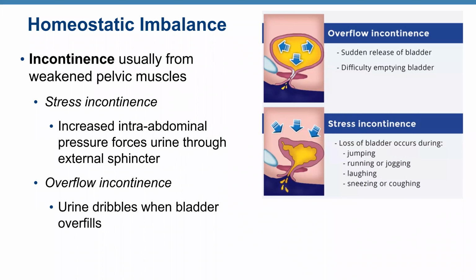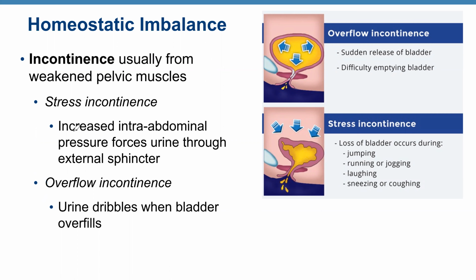Incontinence. Incontinence is when you pass urine involuntarily, usually from weakened pelvic muscles. There are two types of incontinence: stress incontinence and overflow incontinence.